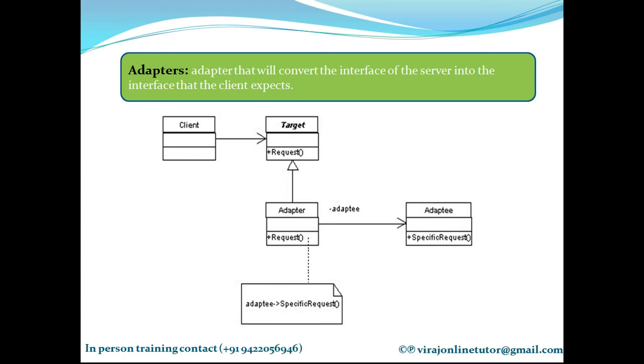If the source class has one particular interface and the target class has another interface, then since the interfaces are not compatible with each other, it's going to be difficult. We won't be able to connect the source class with the target class. Hence we need someone called an adapter, which will adapt the source interface to the target interface.